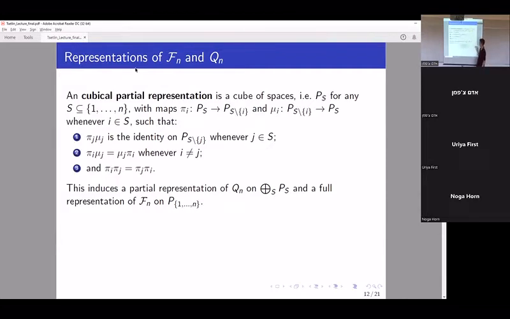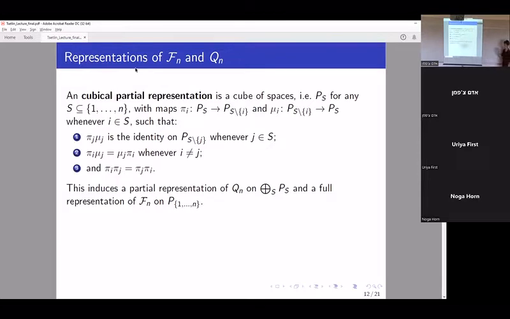And also, when we compose two elements, the composition is only defined where they're both defined. So if we try to compose phi i and phi j, this is defined only on sets which contain both i and j. This is what we mean by a partial representation.